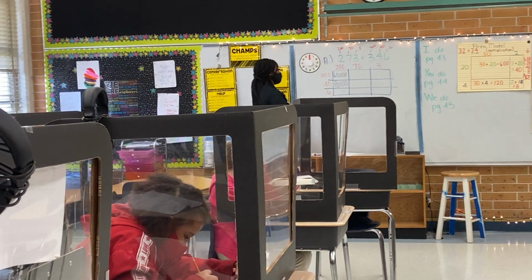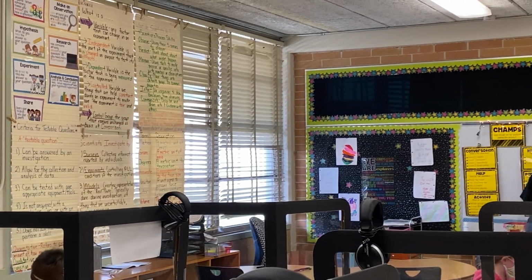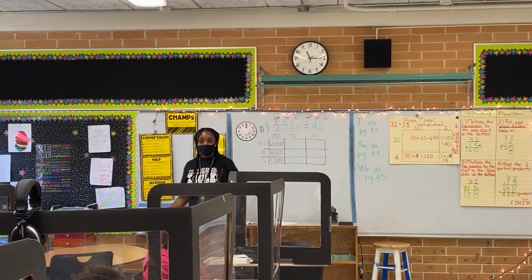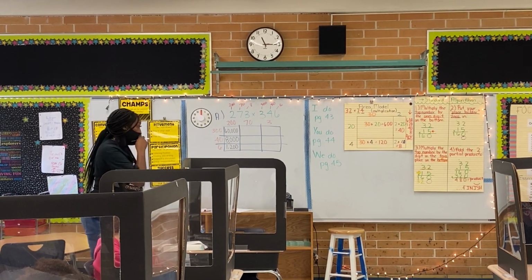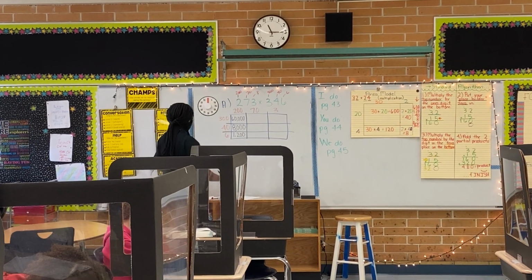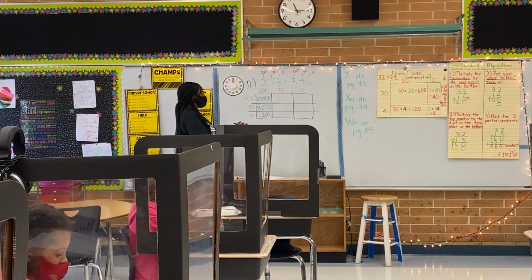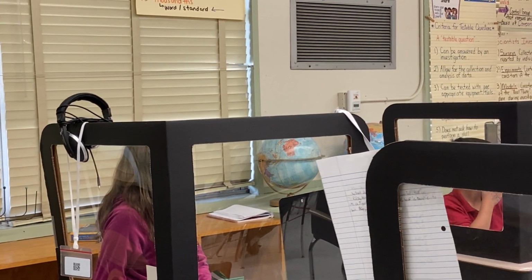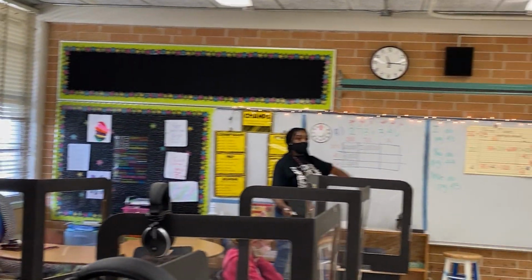Logan. 1,200. 300 times 70. Alexis. 70. 21,000. Awesome.